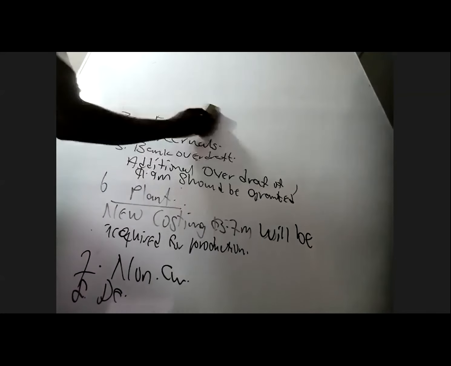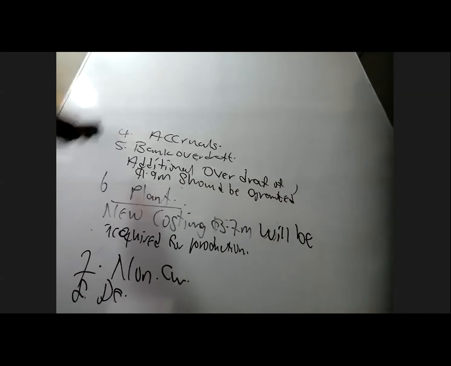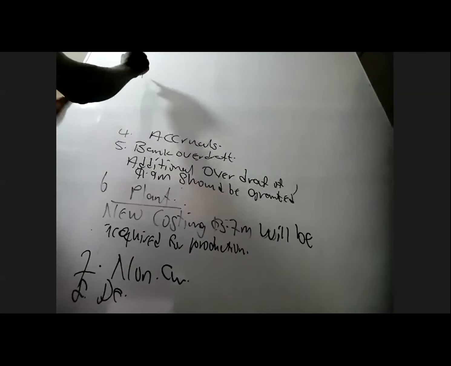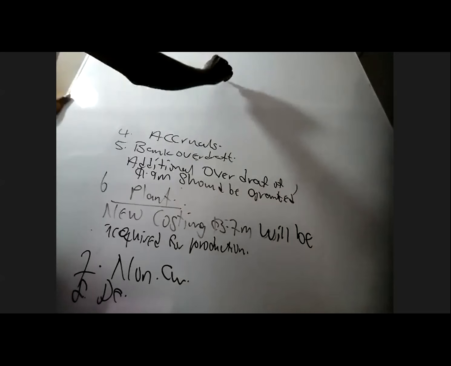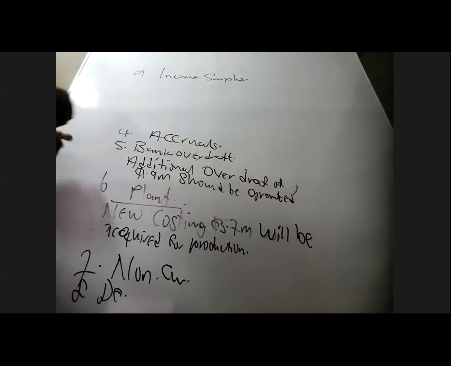Let's go to the 9th one. The 9th one is the income surplus. So income surplus must be written off.